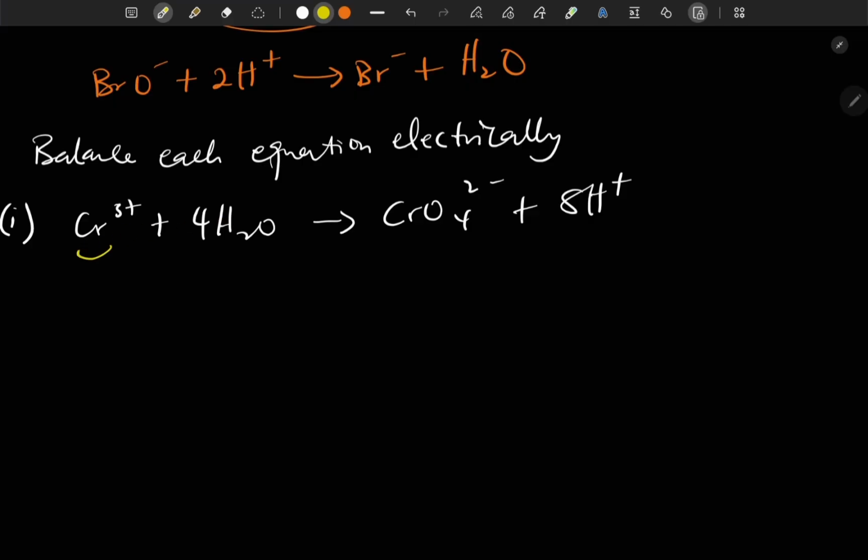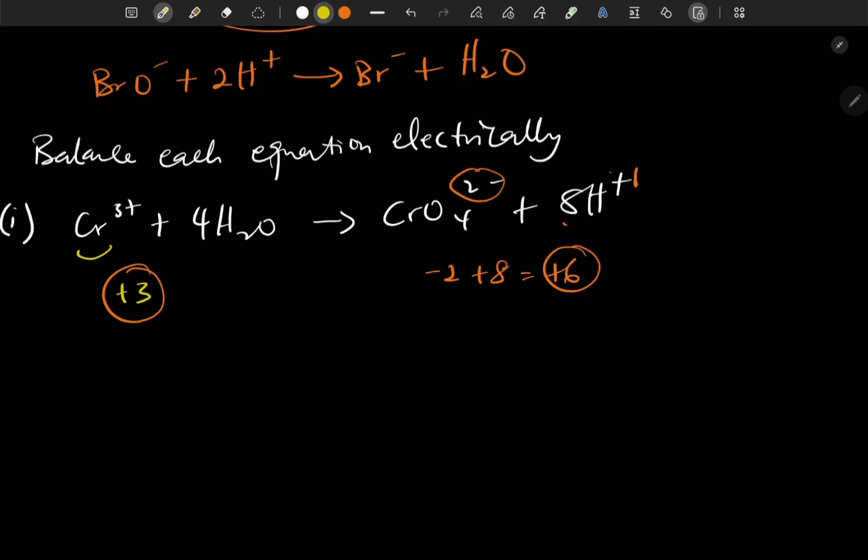So at the left hand side, we have a total of +3 charge. Water is neutral, so it has no charge. At the right hand side, we have -2 plus 8 times 1. You know, this plus is +1. 8 times 1, that's 8. So -2 plus 8, that's +6. So here we have +3, here we have +6.